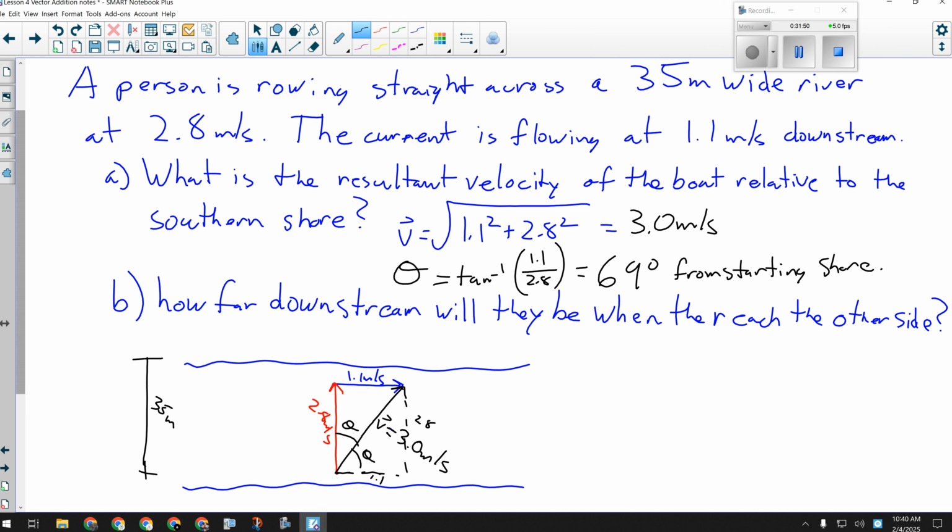Okay, and I know I'm going across it at 2.8 meters per second. Those two things are going on concurrently. Okay, so I should just be able to go t equals d over v, and go 35 over 2.8. On the top, 35 meters over 2.8 meters per second.